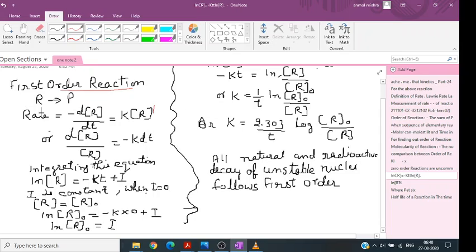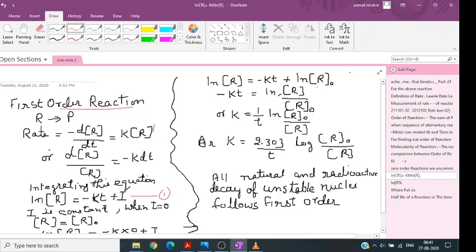If we put t is equal to 0 and R is equal to R0, where R0 is the initial concentration, then ln R0 is equal to minus k into 0 plus I, so ln R0 is equal to I. Substituting the value in this equation, we get ln R is equal to minus kt plus ln R0, or rearranging it, minus kt is equal to ln R upon R0, or k is equal to 1 by t ln R0 by R.